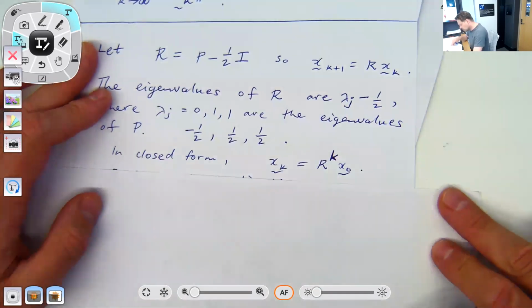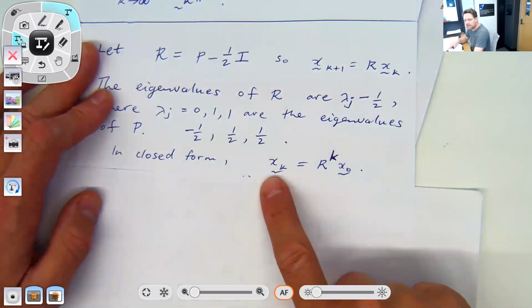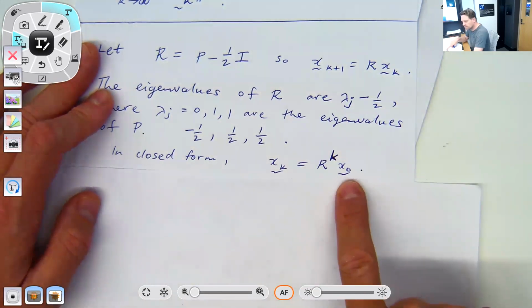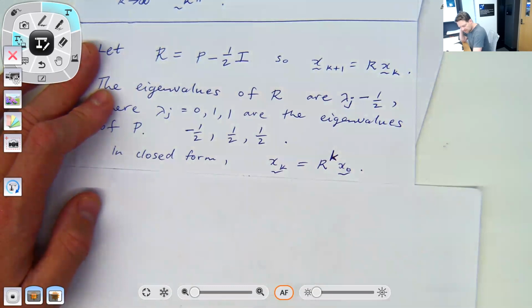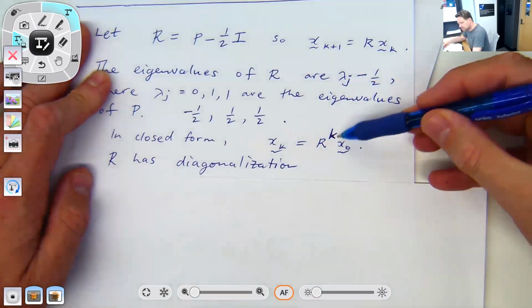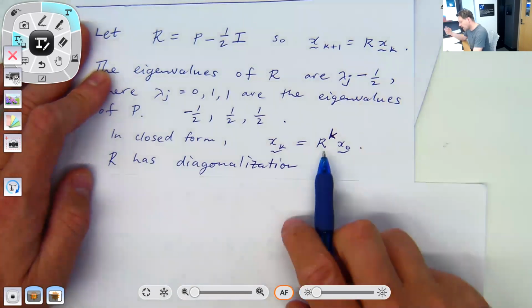So in closed form, we've already deduced this: x subscript k is R to the power of k times x subscript 0. And now we can diagonalize this and get a nice expression for R to the power of k.